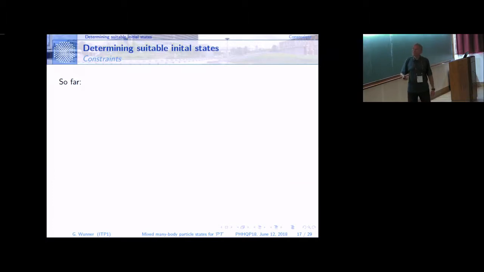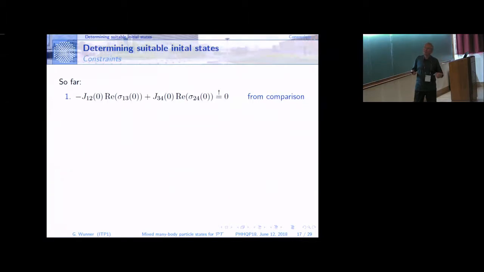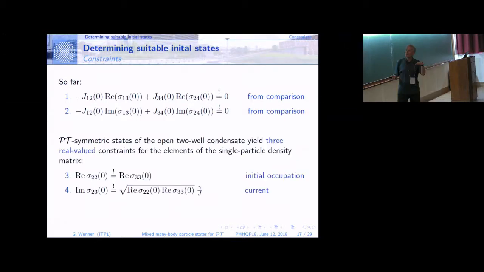So far, we have the condition that the real part and the imaginary part of this equation vanish, as we had before. This is the imaginary part from a direct comparison of the dynamics, and we also have the condition that the PT-symmetric states yield 3 real-valued constraints for the elements of the single particle density matrix, namely that the initial occupation in the two middle wells should be equal.